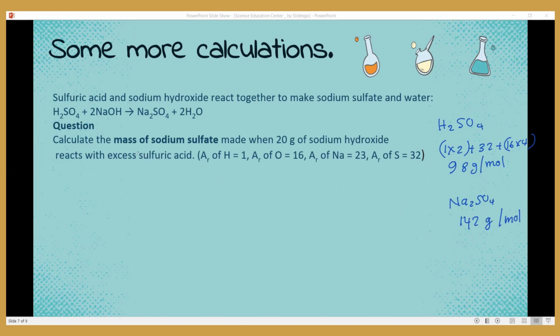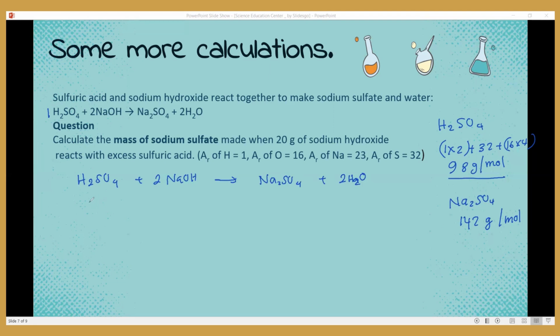Okay, so when we have 98 gram of sulfuric acid, it represents 1 mole. So the sulfuric acid over here has 1 mole, so it is equal to 98 gram. H2SO4 plus 2 NaOH gives Na2SO4 plus 2 H2O. And we know that the coefficients over here represent the number of moles.